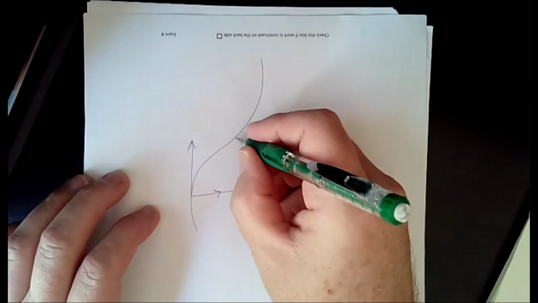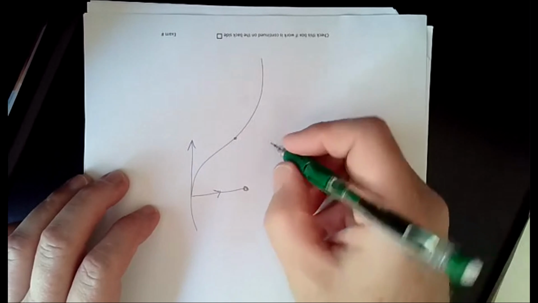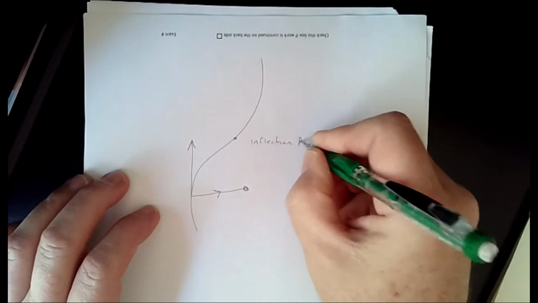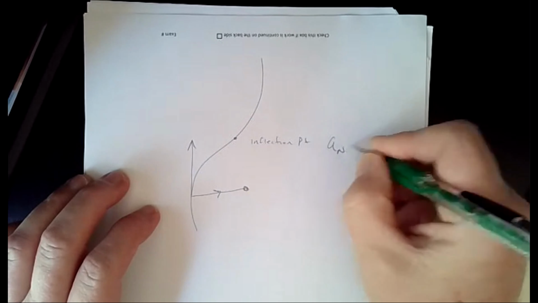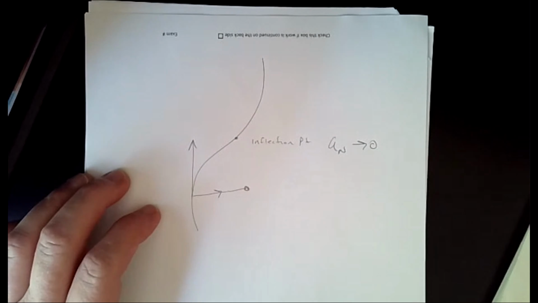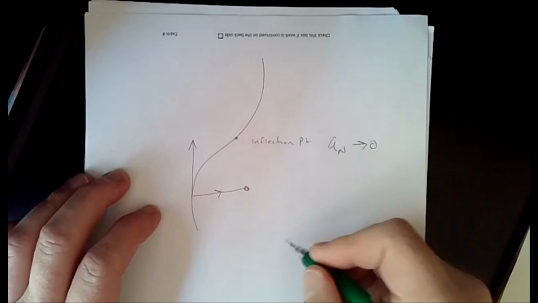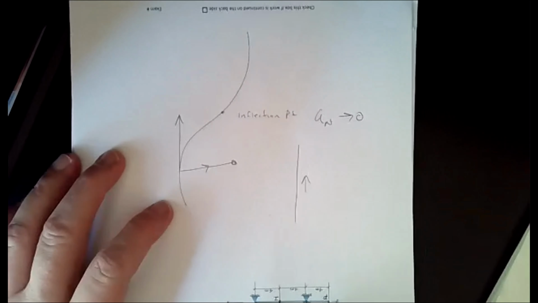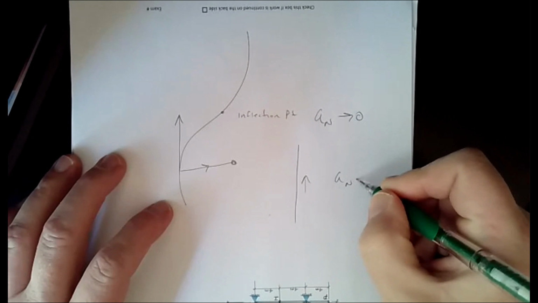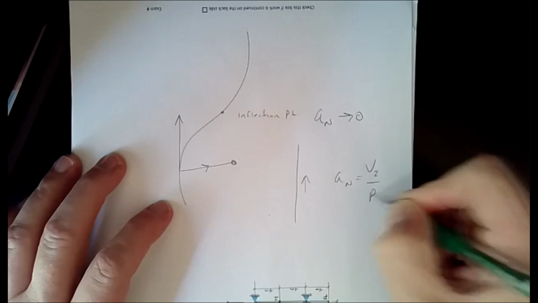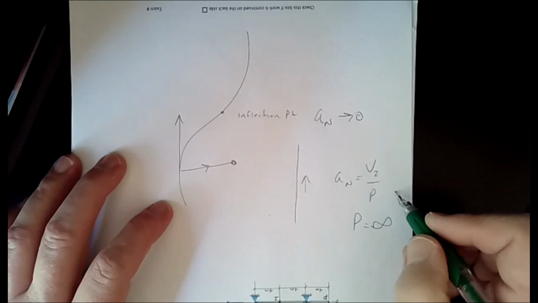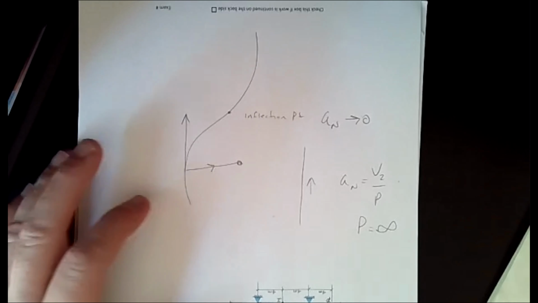But as you hit maybe right here, which would be an inflection point, your normal acceleration goes to 0. An inflection point is really where the line is straight. If you're driving down a straight line, the normal acceleration is v squared over rho, but if rho equals infinity, then this essentially equals 0.